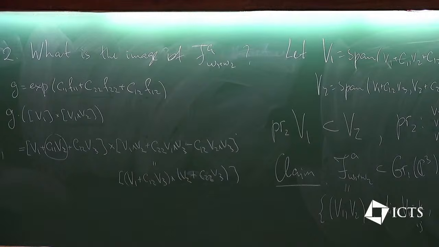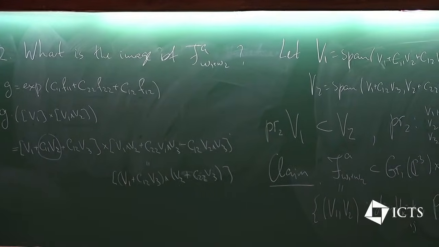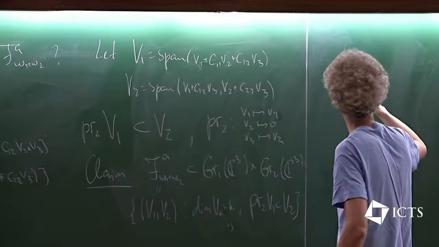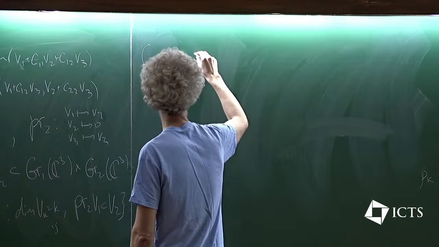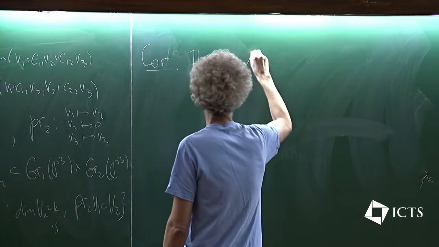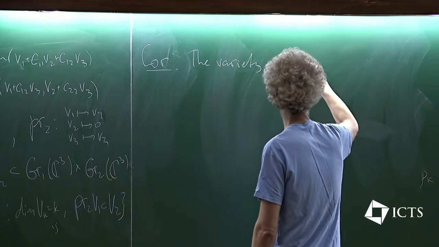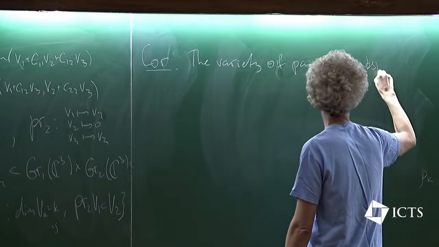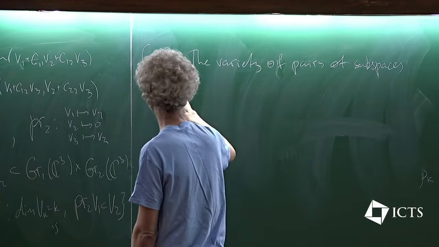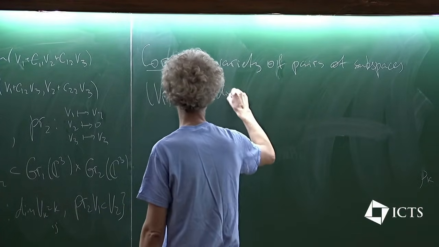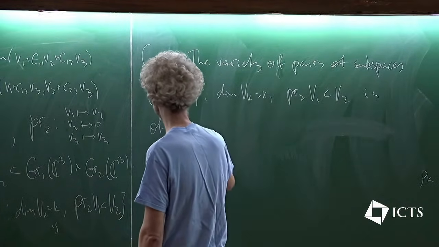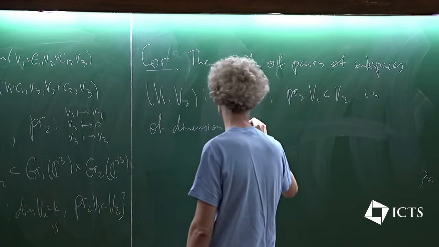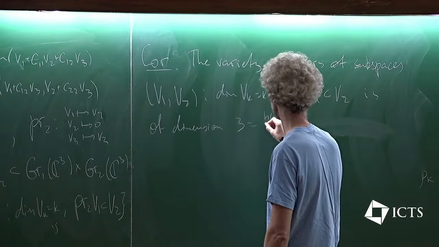So this is the claim. And in particular, we see that if we believe it, then this variety, so, corollary: the variety of pairs of subspaces V1, V2 with the condition that the dimension of Vk is k, and projection 2 of V1 sits in V2, is of dimension 3, which is n times n minus 1 over 2 for n equals 3.